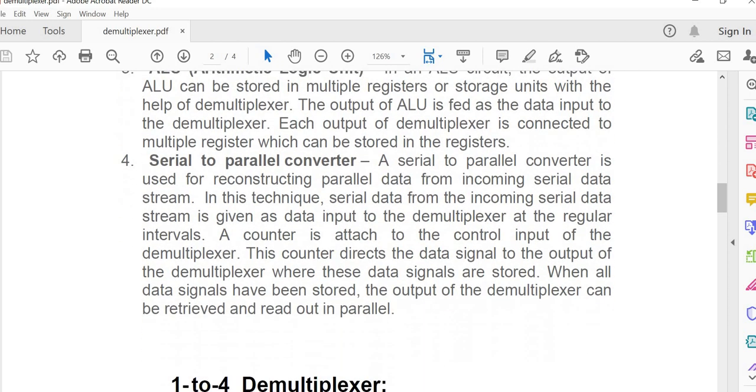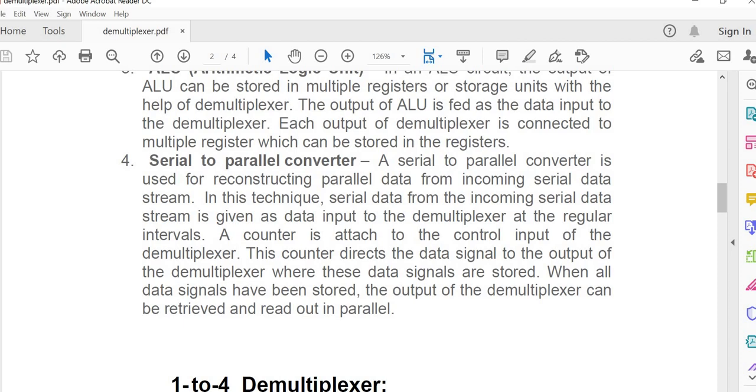Then, the serial to parallel converter. A serial to parallel converter is used for reconstructing parallel data from an incoming serial data stream. In this technique, the incoming serial data stream is given as data input to the demultiplexer. A counter is attached to the control input of the demultiplexer.